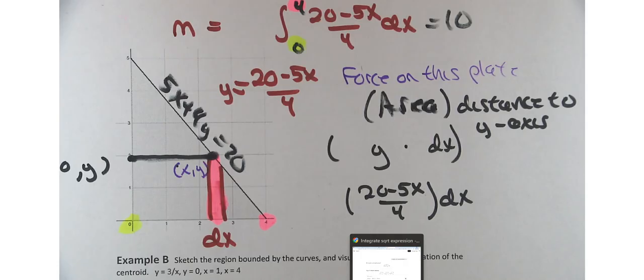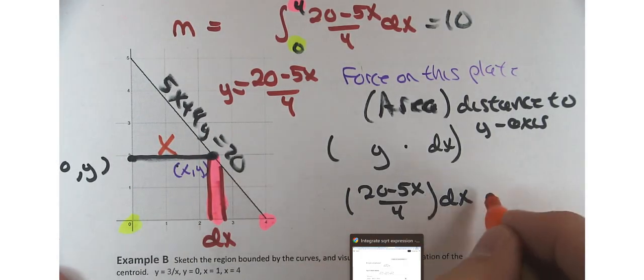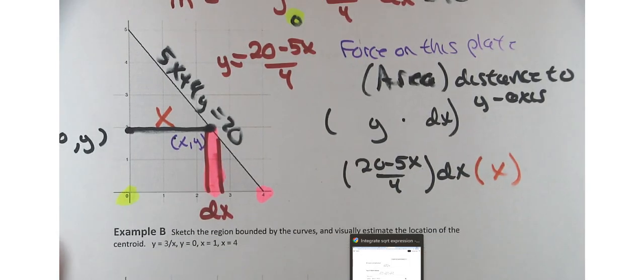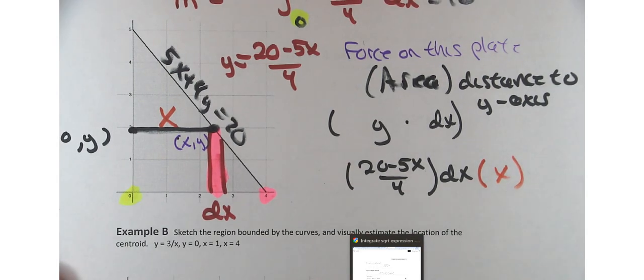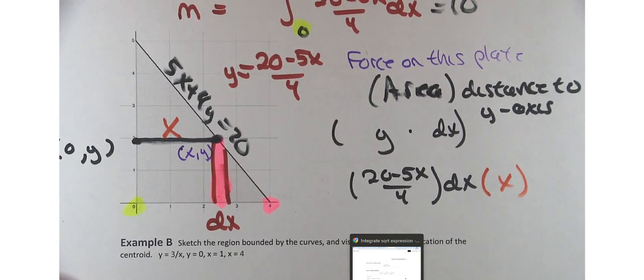X. That distance is just x. So distance to that axis, there you go. So that's the force exerted by one plate, as it tries to rotate this region around the y-axis.